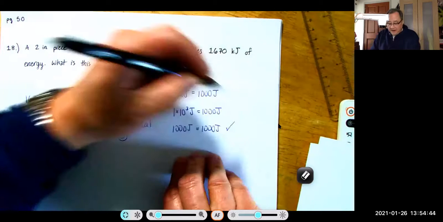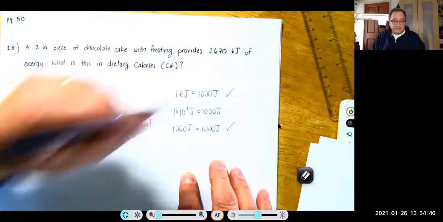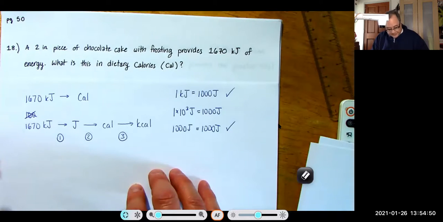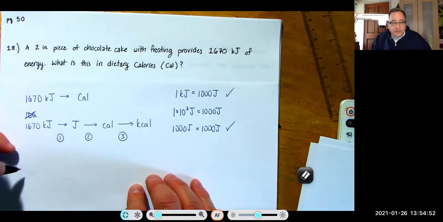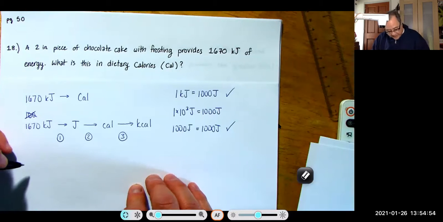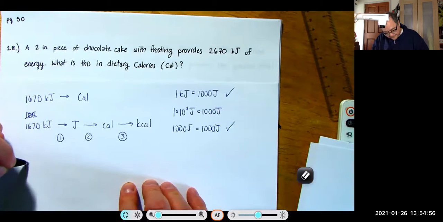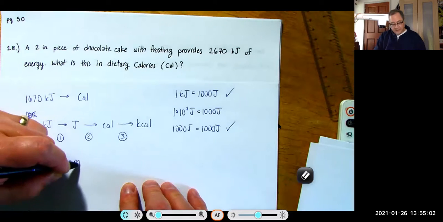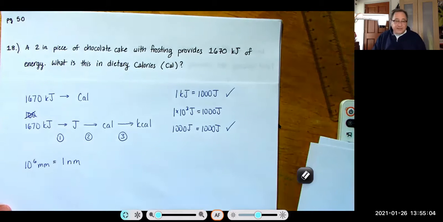So check, it's correct. So there's always a way to check your conversions. So what I want you to do is check this conversion and see if it's correct. Check that one and see if it's correct.